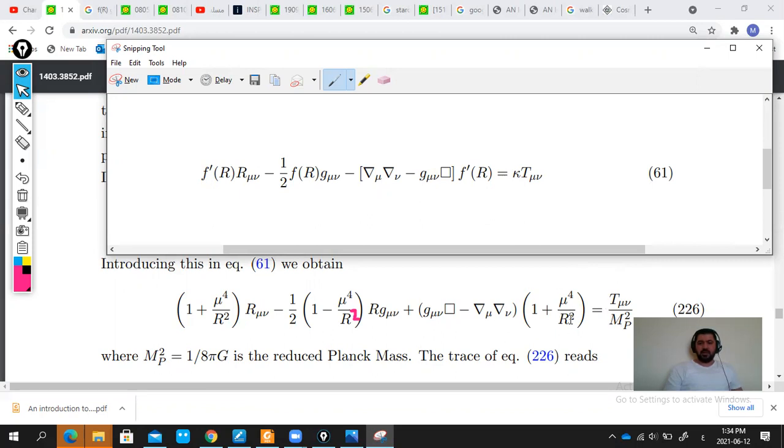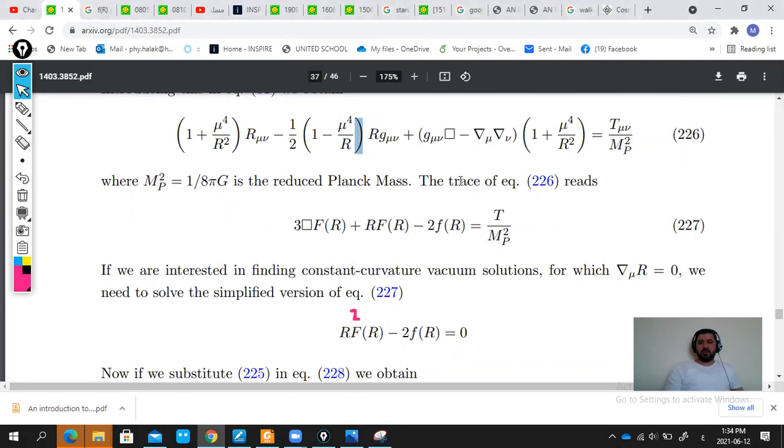And yeah, this is the F prime R. So just here we should have R squared. Well, they were the same. So this is the equation of Einstein now, taking this one.